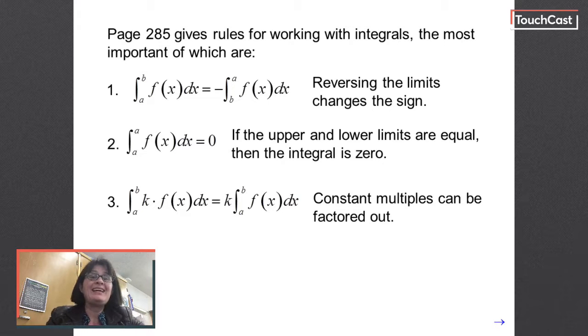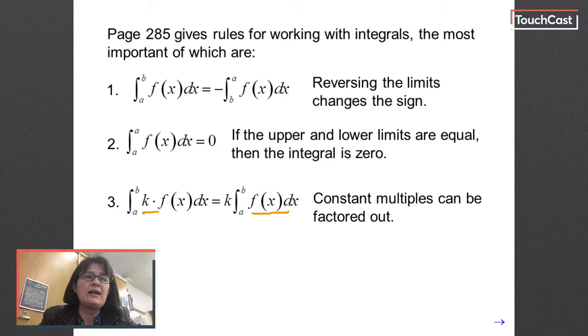So a third property, if you have a constant multiplier in your integrand, so there's some number that multiplies, then you could factor that out to the front of the integral. So again, think about what this means in terms of area. This integral means find the area under the f curve between a and b.